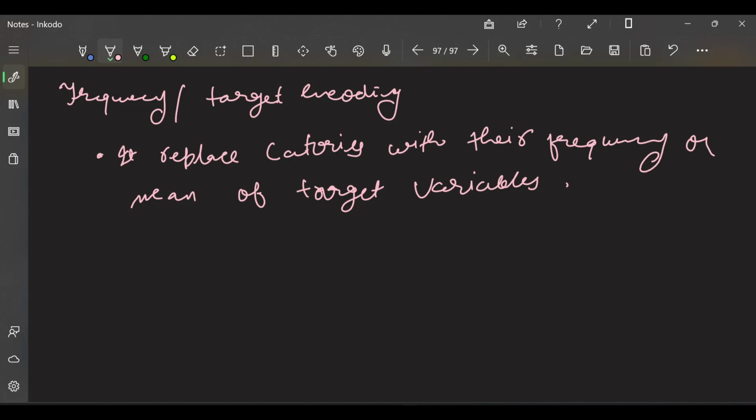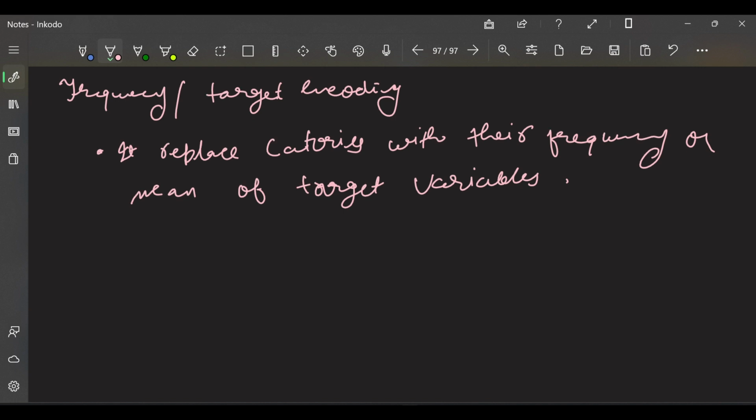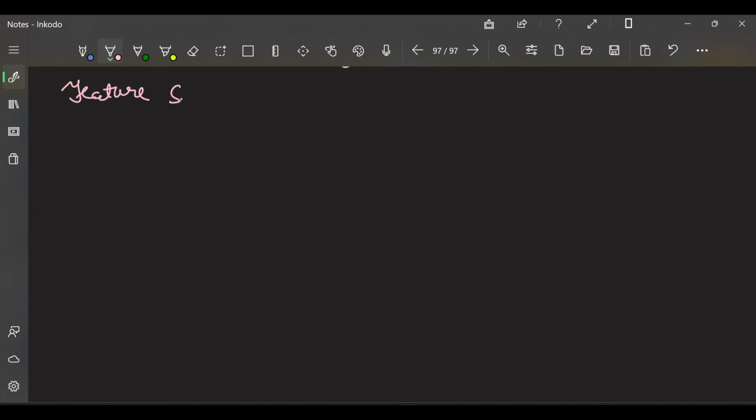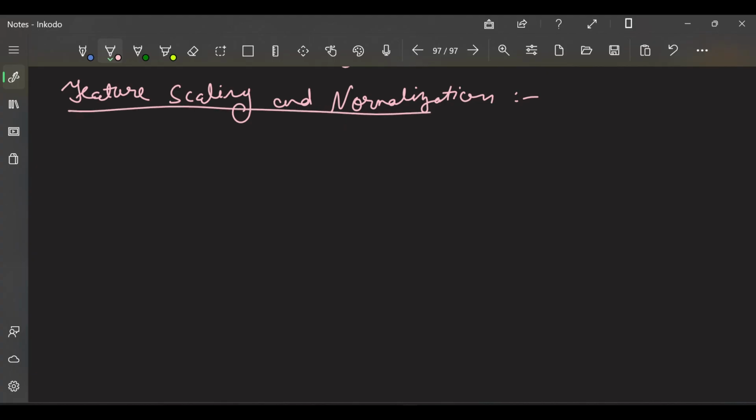So moving further, the next topic is feature scaling and normalization. Let's understand first why scaling is required, and then we will understand the techniques one by one.